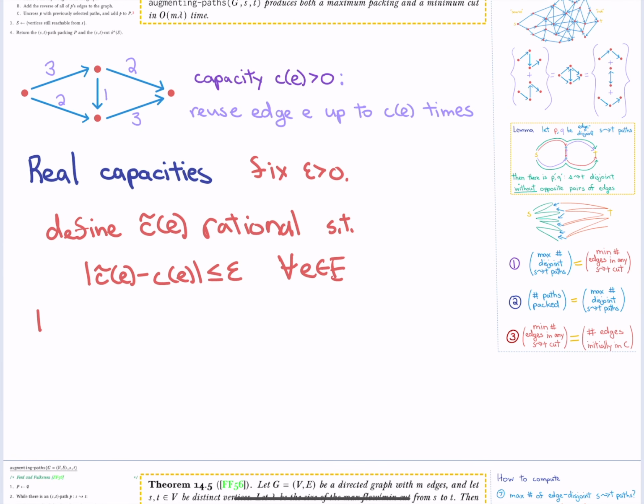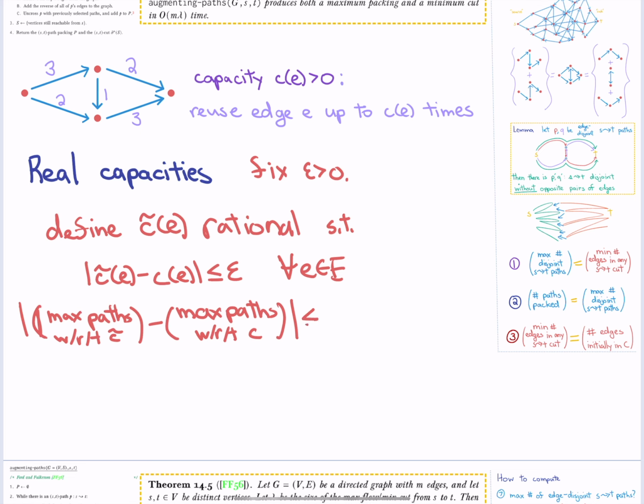Okay, and now what do I know? I know that if I look at the max number of paths with respect to my rational capacities, it's going to be really similar to the maximum number of paths with respect to my original capacities.